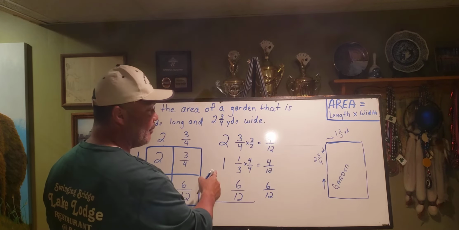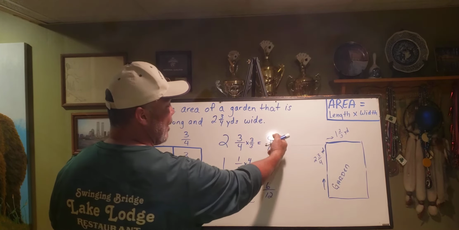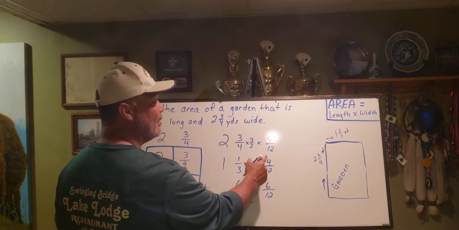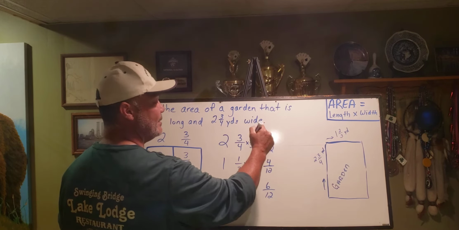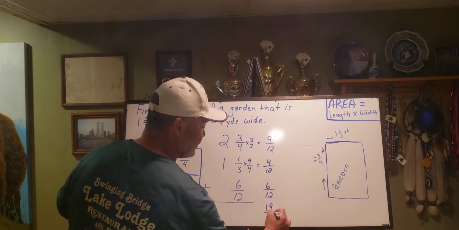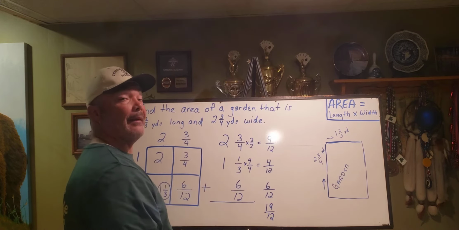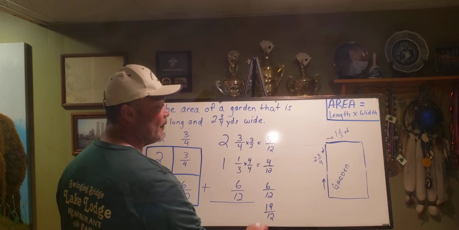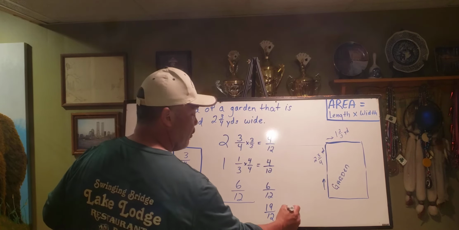So I'll leave my whole numbers alone for a second, and I'll now add up my fractions. Well, I know 6 plus 4 is 10, 10 plus 9 is 19. So I have 19/12. Well, I'm back to that situation, improper fraction. So I know I can remove 12/12 from 19 to give me 1.